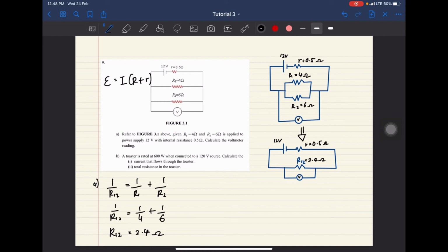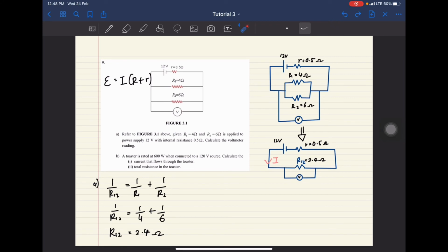You want to calculate the voltmeter reading, so you already have the R. The next step, obviously you want to find the current that flows here. If I have the current, then I can simply multiply with my resistor over here, then straight away I will get the answer, the terminal voltage or the voltmeter reading.